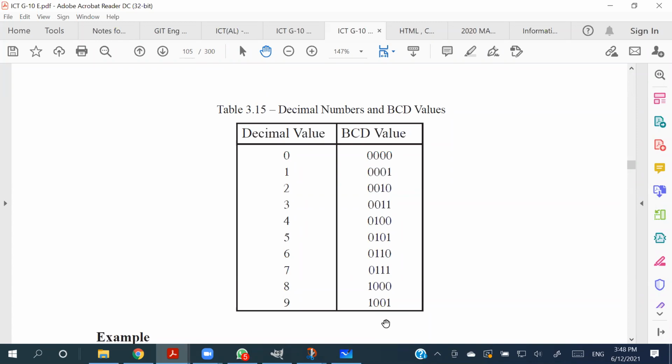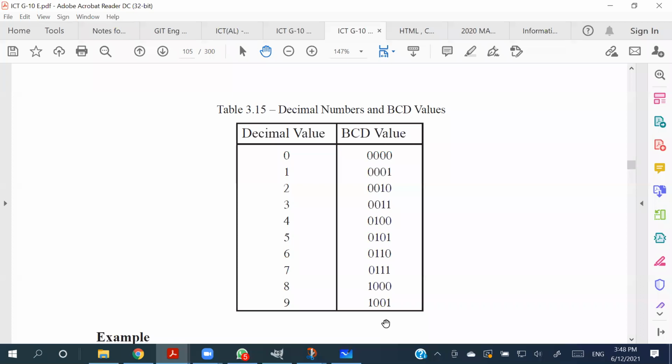BCD was not sufficient, because in the BCD code we used 4 bits. With 4 bits, what we can represent is from 0 to 15, right? That means 16 different characters can be represented. But if you take your keyboard and see how many characters are there, it is nearly 100, passing 100, right?